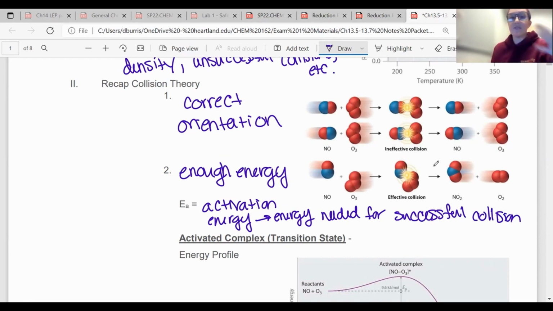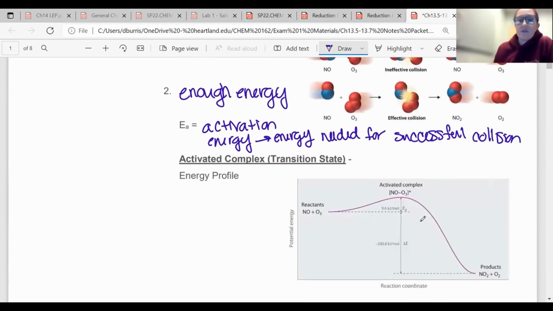Okay, so when you have a successful collision and a successful reaction, you're going to get a nice reaction profile like this. This says reaction coordinate. Essentially, as the reaction goes on, nitrogen oxide and ozone react together. So they come together, you get the activation energy, which is enough energy to bond them and make what's called an activated complex.